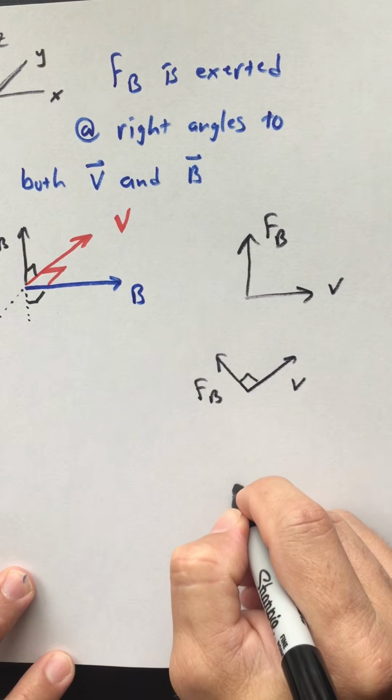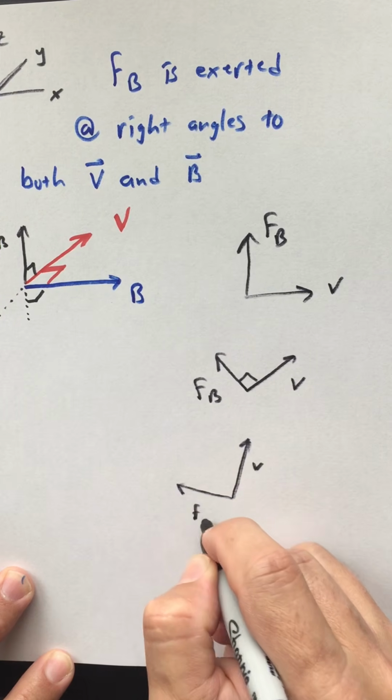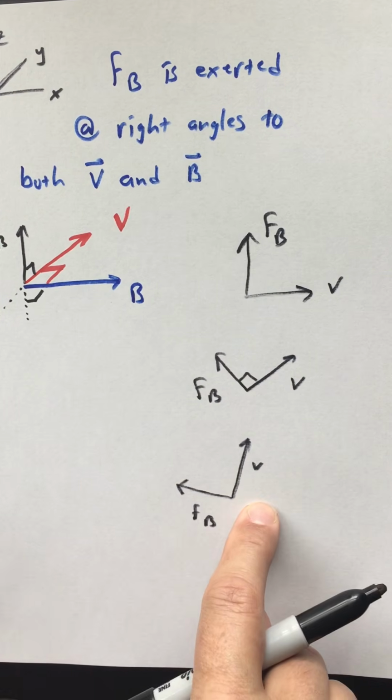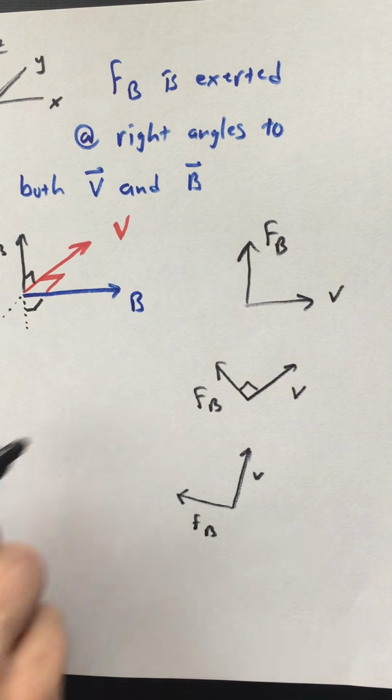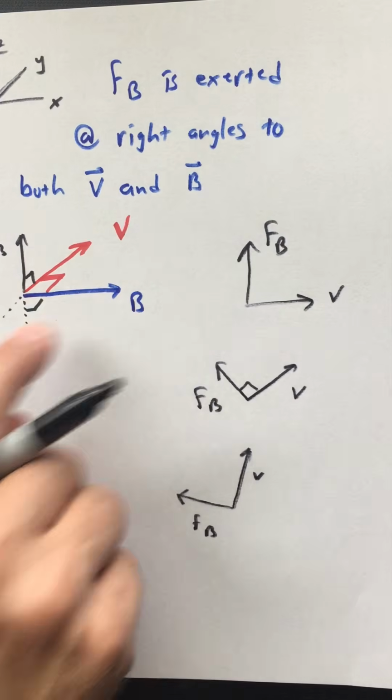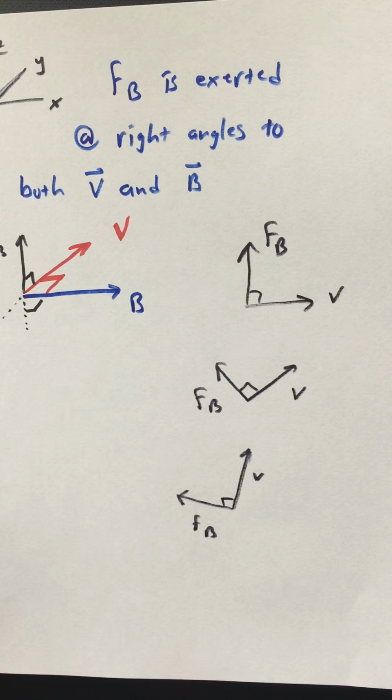So a little bit later, this will occur. No matter how the velocity vector turns, because of the way the magnetic force works, the force stays mutually perpendicular to V and B. If I just look at V, this is the situation I come up with.